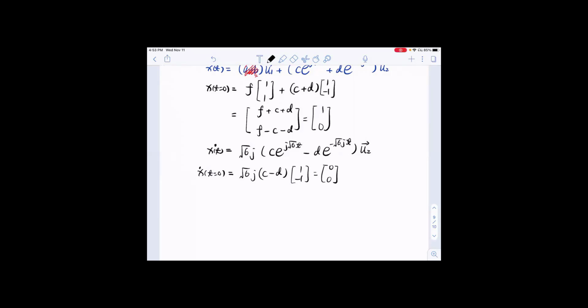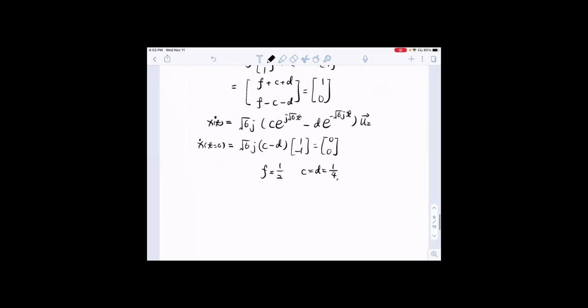So let me see if I have a solution here. Yes. So eventually your F will be half, C equals D equals 1/4. And then you can plug these constants back in, and then you can find out your x2.